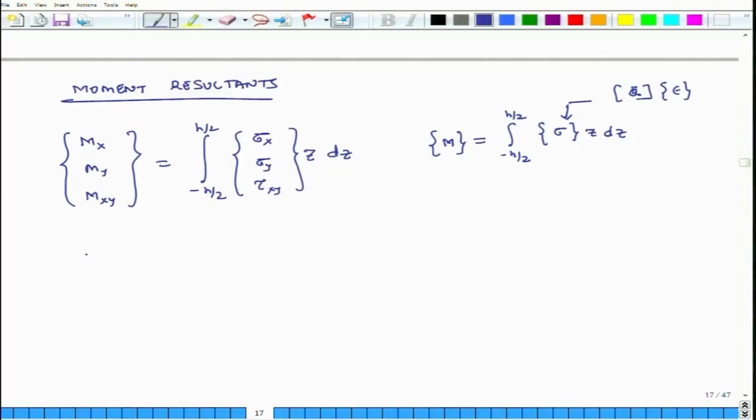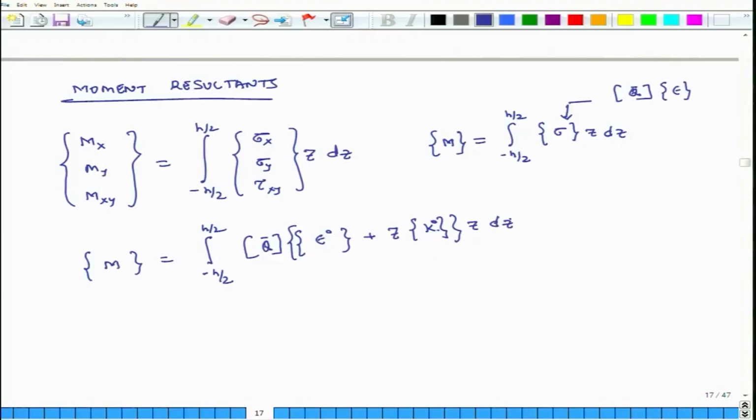So, I can say that M equals the integral from minus h by 2 to h by 2 of Q bar matrix times epsilon naught plus z times k naught, this entire thing multiplied by z dz.